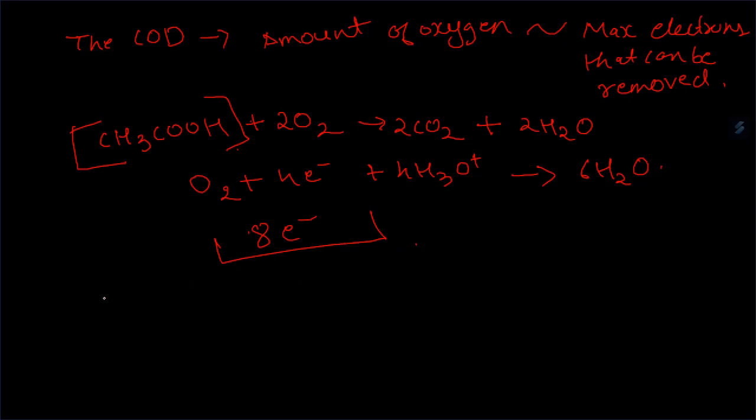Now, when the organisms are present in our effluent, for example, this is my effluent, and we are aerating it, and the microbes are also growing inside this aeration chamber.